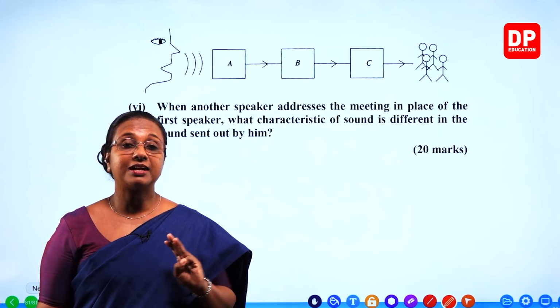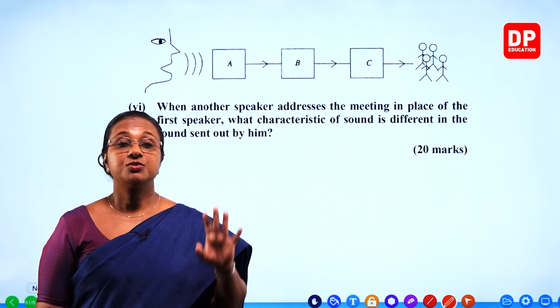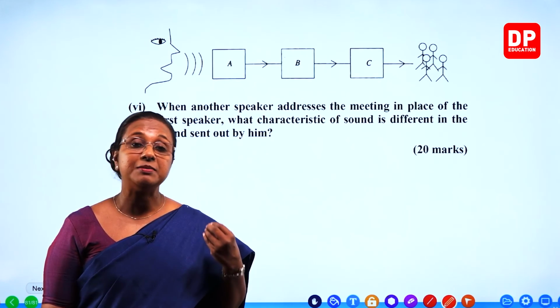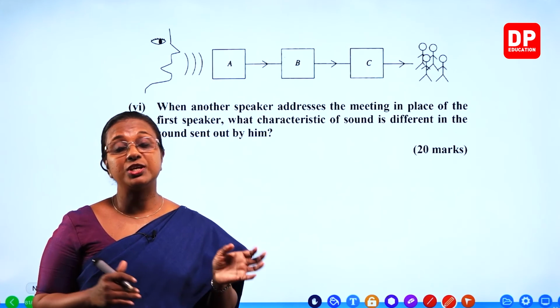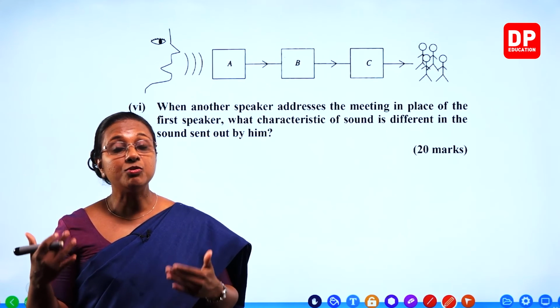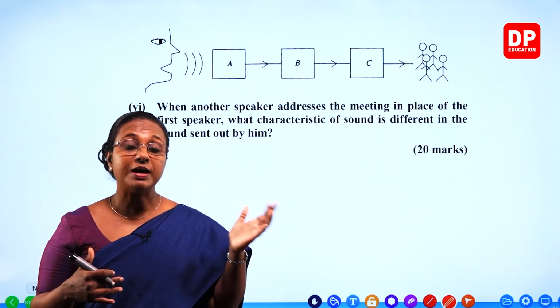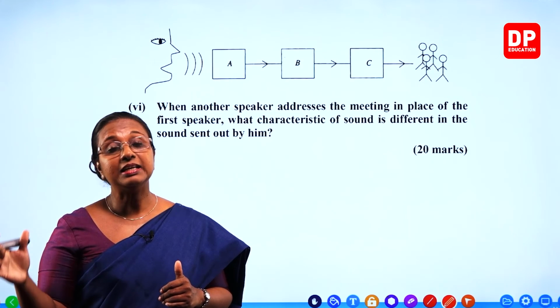Then the third characteristic is the quality of sound. So, this quality is determined by the source of the sound. Say if you have two musical instruments, the piano and the guitar. The same note C produced by the piano is different from the note C played by the guitar.